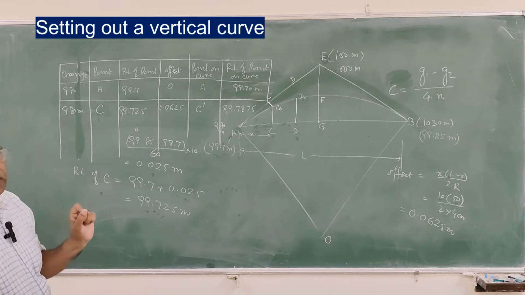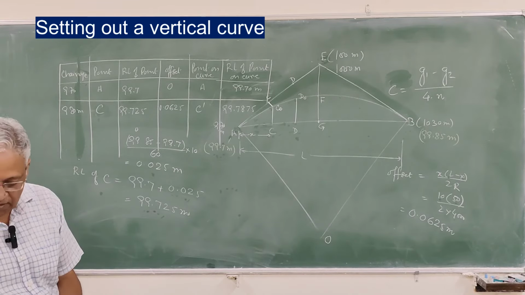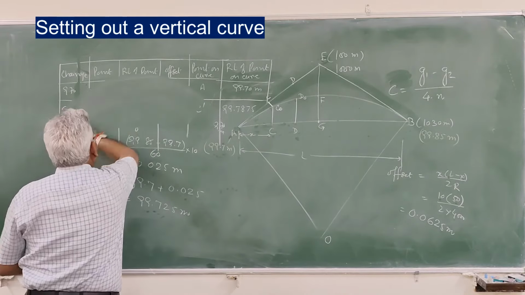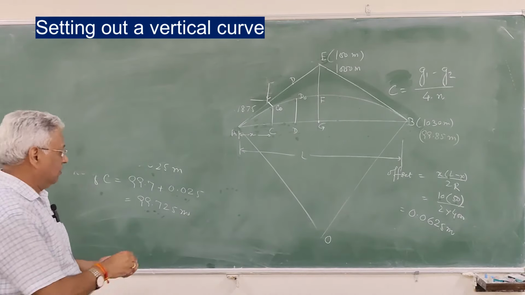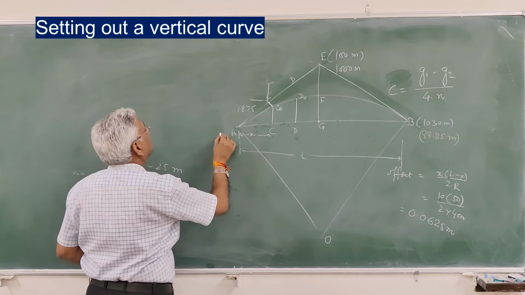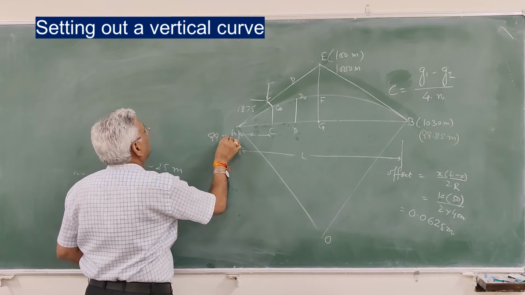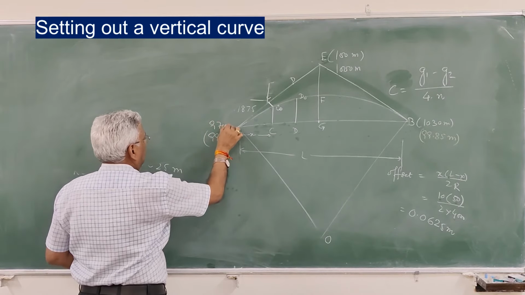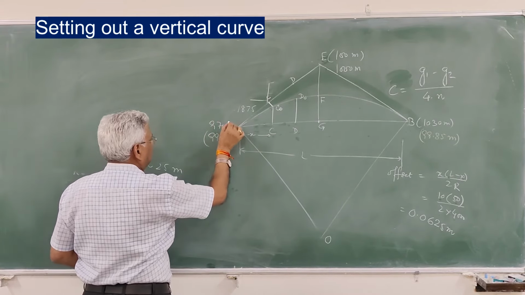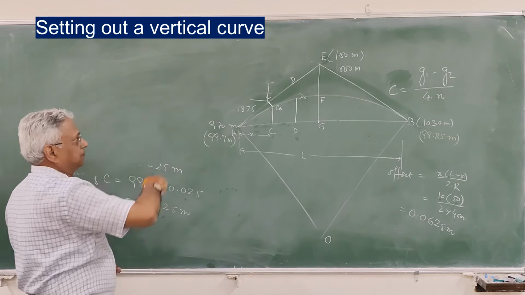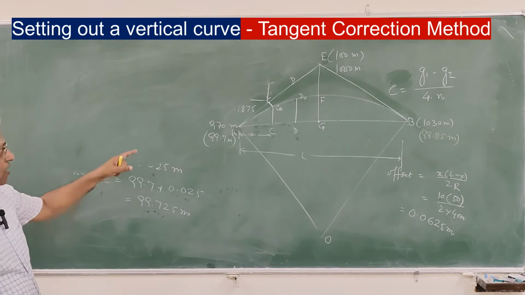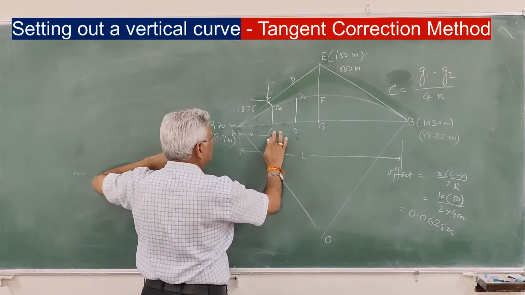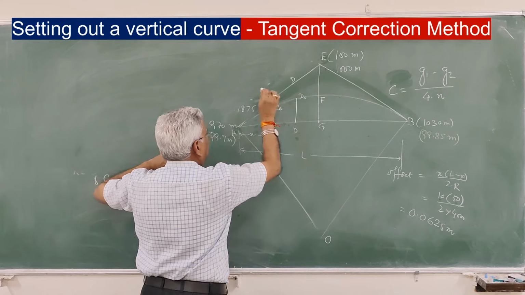In the tangent correction method, what we do differently is that you know the RL of this point A, that is 99.7 meter, and its chainage is 970 meter. Now you find out what is the RL of this point. Now C is not taken here, but C is taken here.